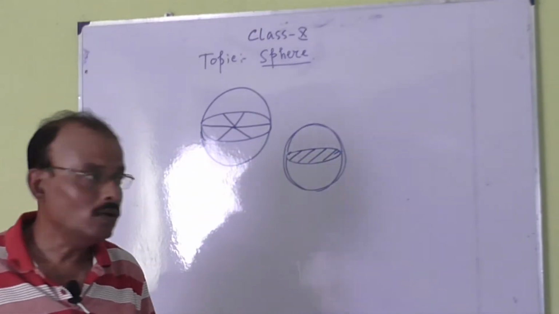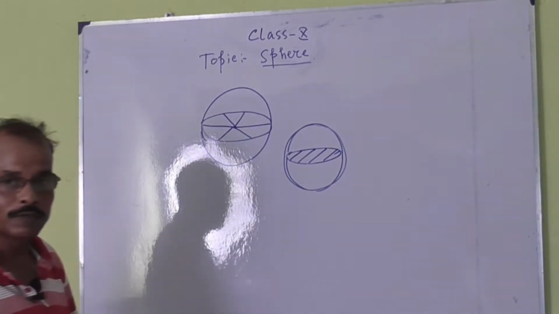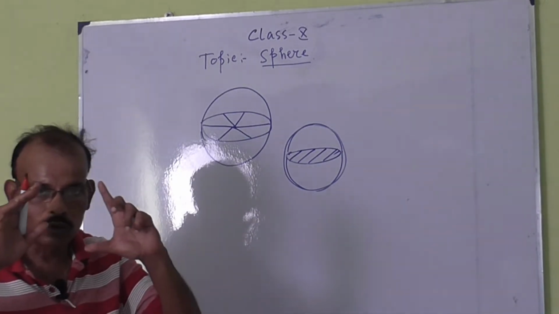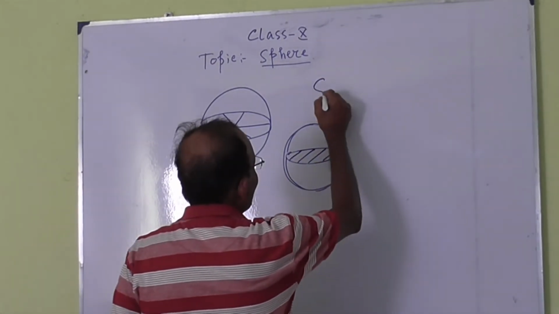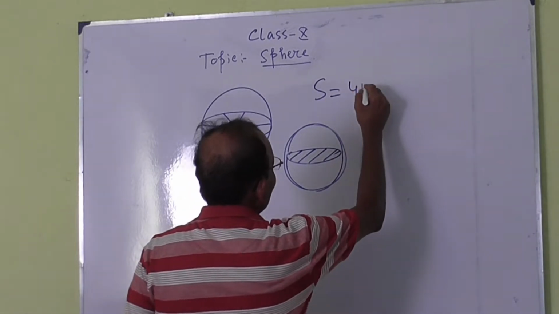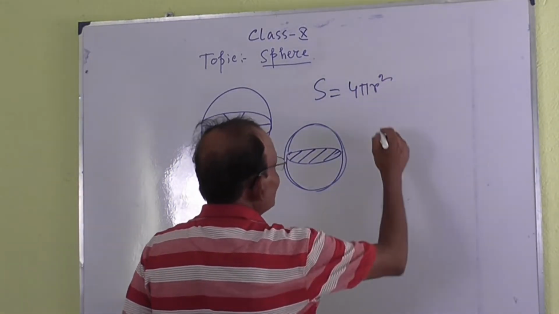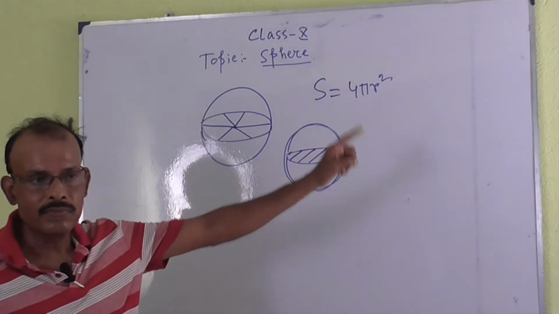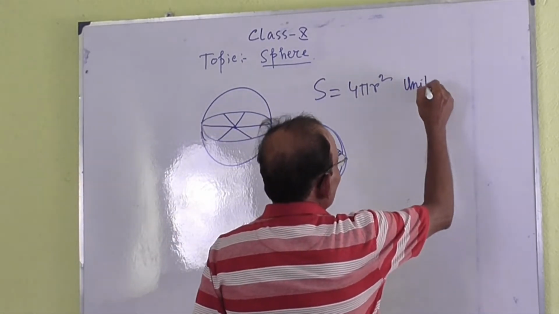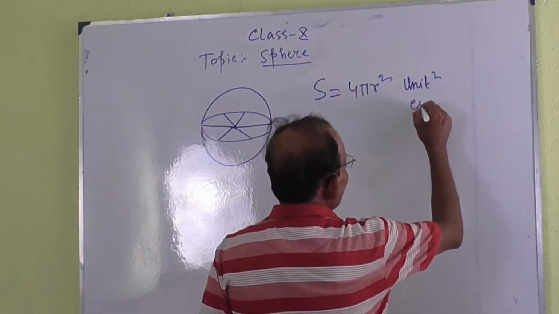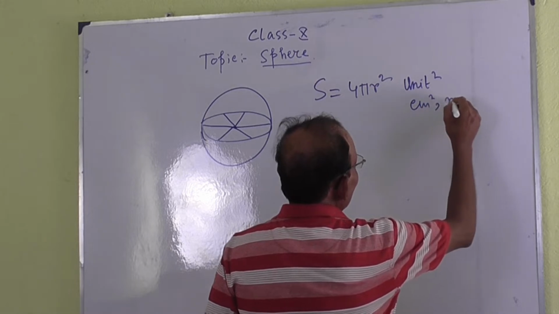Okay. Now, the surface area of the sphere, that means the total surface area of the sphere, will be equal to 4 pi r square. Clear? Its unit will be unit square, that means centimeter square, meter square.